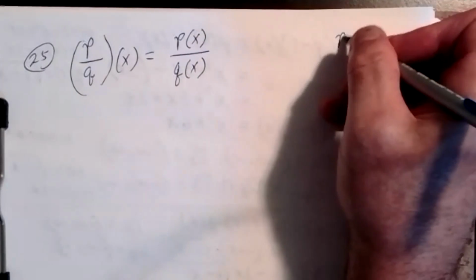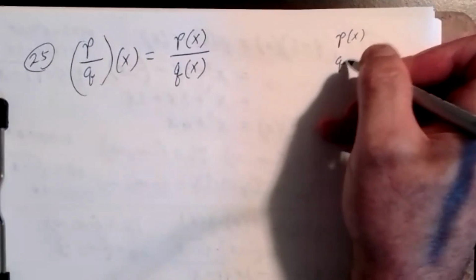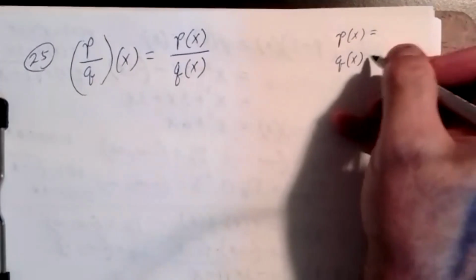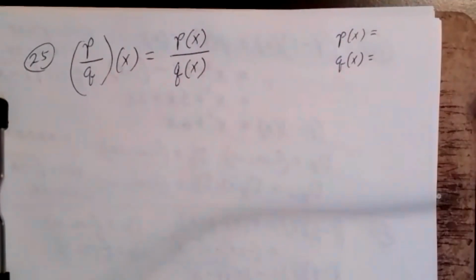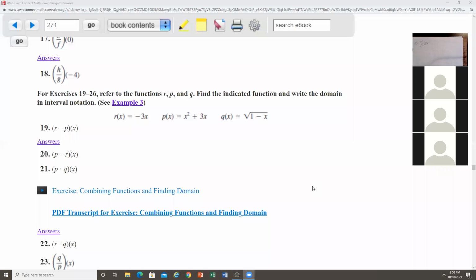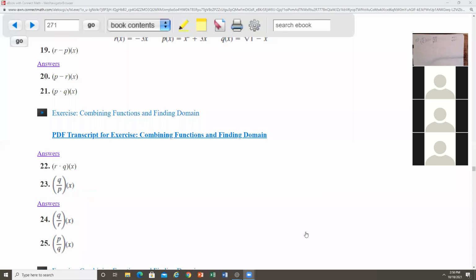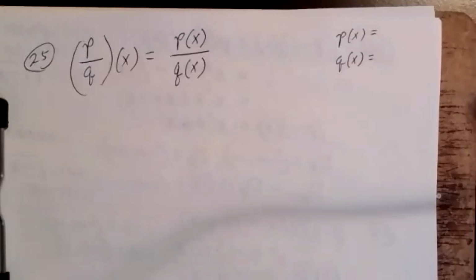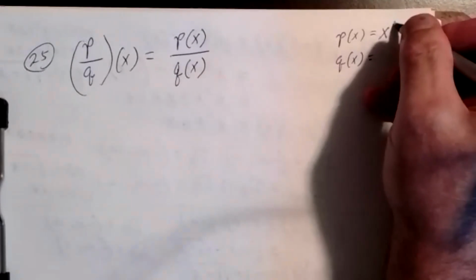But what was function P? And what was function Q? Do you remember what those functions were? What was P of X? P was X squared plus 3X. All right, hold on a second here. P of X is X squared plus 3X?